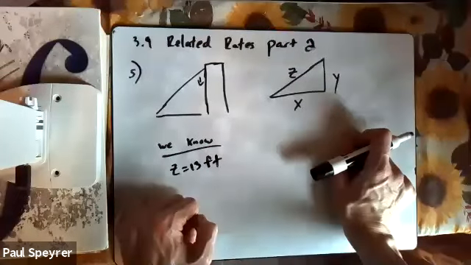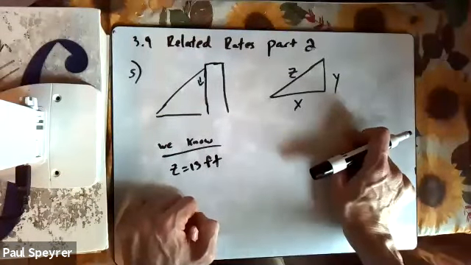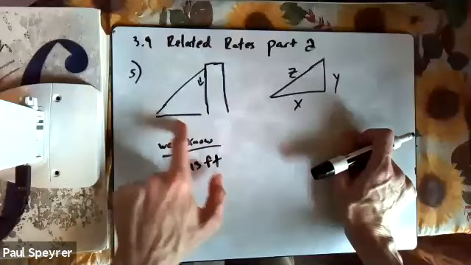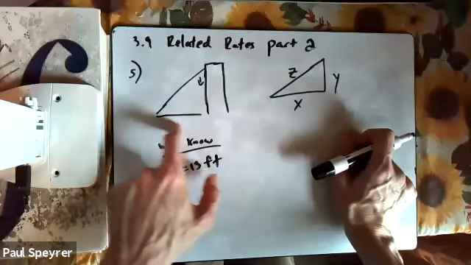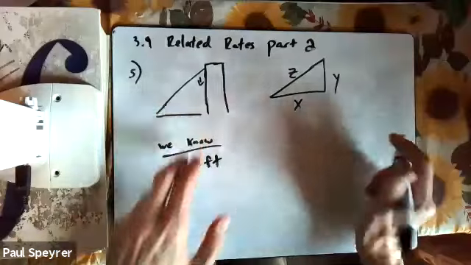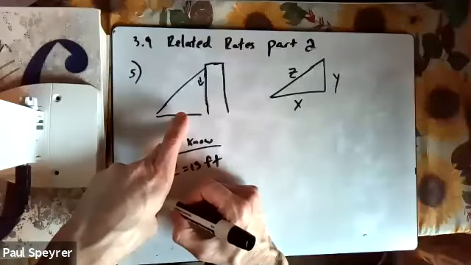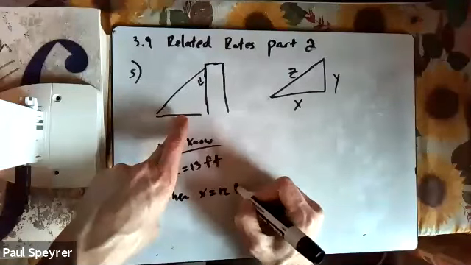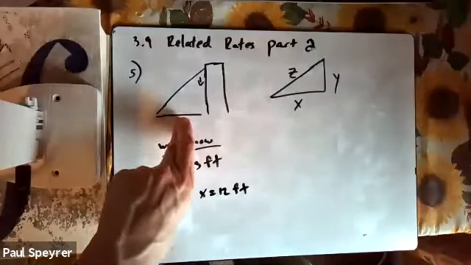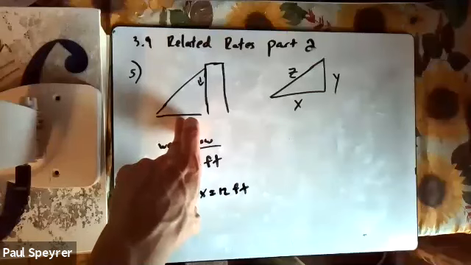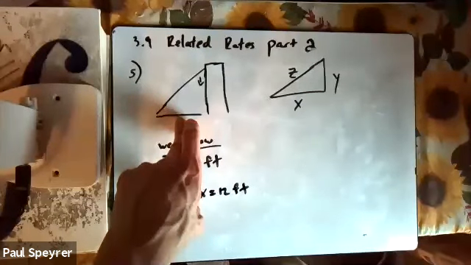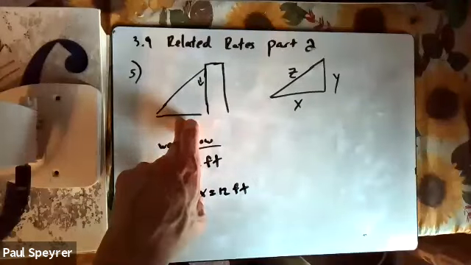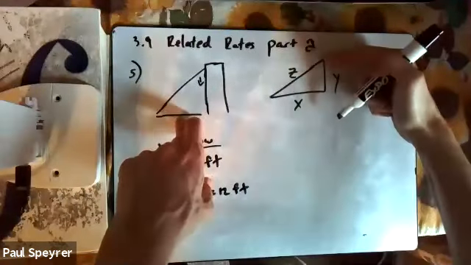And it says when the base is 12 feet from the wall, well, that means it's this bottom portion right here, right? So what's this bottom leg called? That's X. So they're saying, oh, when X equals 12 feet, how fast is the top of the ladder sliding down the wall? What does that mean? How fast is it coming down the wall?